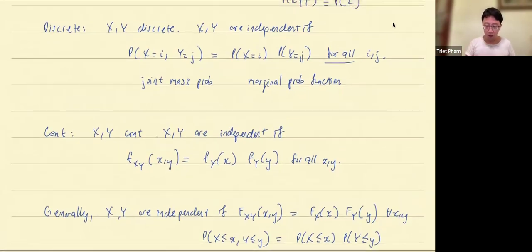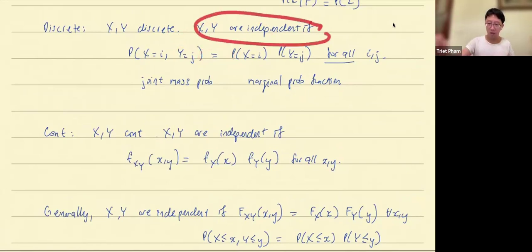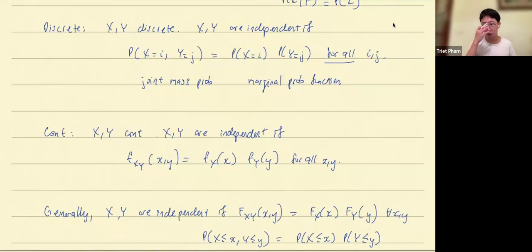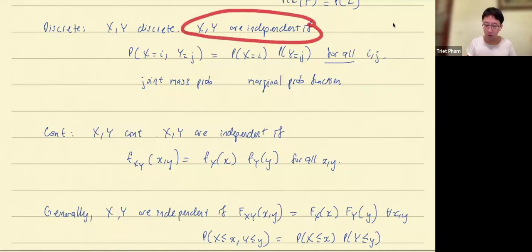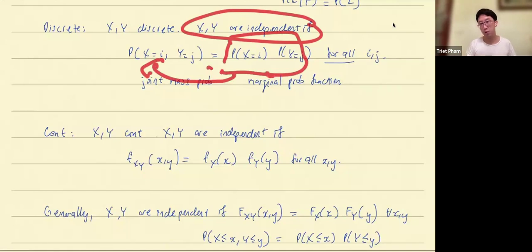Notice it also works in the reverse direction because this equality can go either way. What does that mean? We tend to think that this is used to tell us when two random variables are independent, and you're correct. That's one way to use it. But another angle is the following. If you know random variables are independent and you know their marginals, then you also know the joint, because the joint will be the product of the marginals.